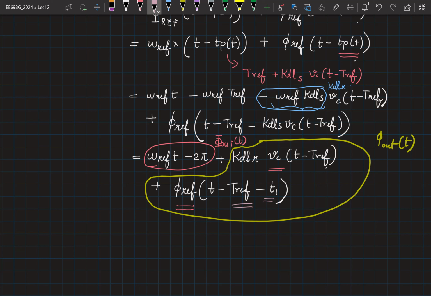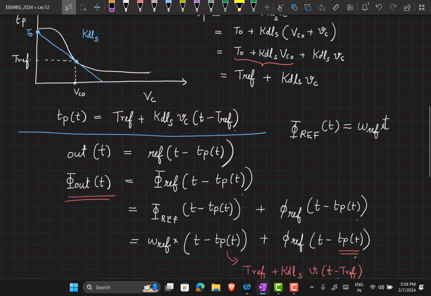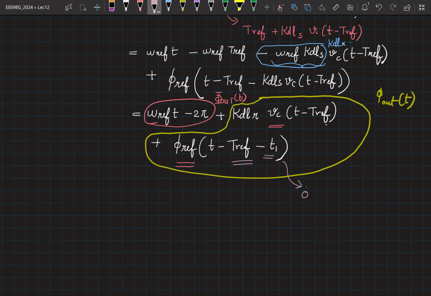T1 is KDLS into Vc, the small signal Vc. Tref is expected to dominate, right? So we will simply assume that this second term can be simplified as some phi ref into T minus Tref.